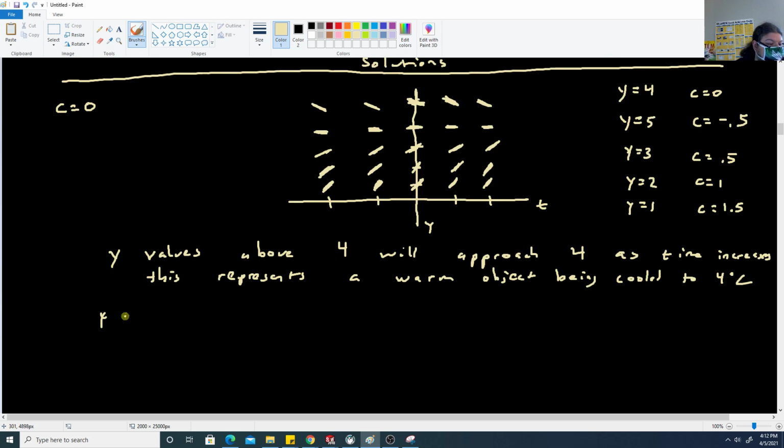And if we have y values below 4, these will approach 4 as time increases.